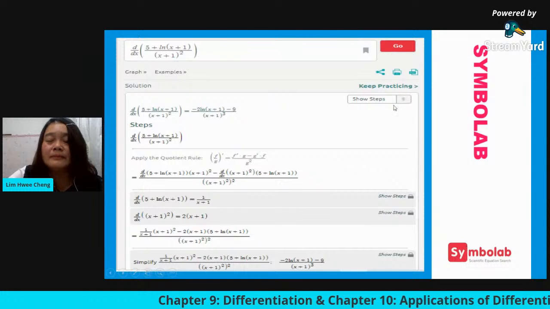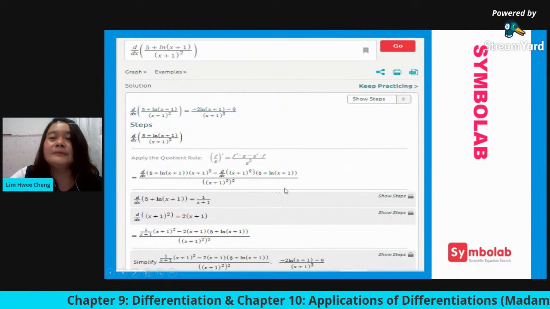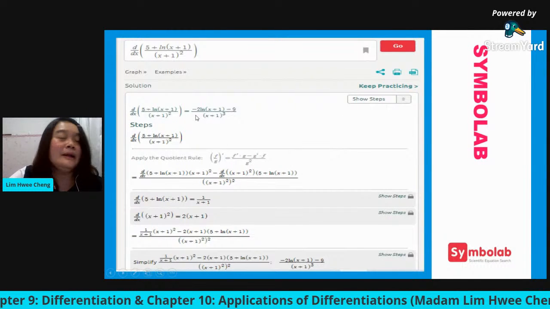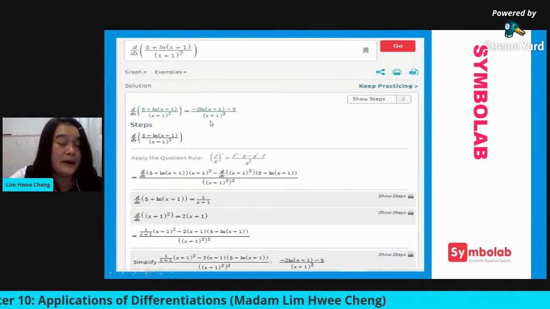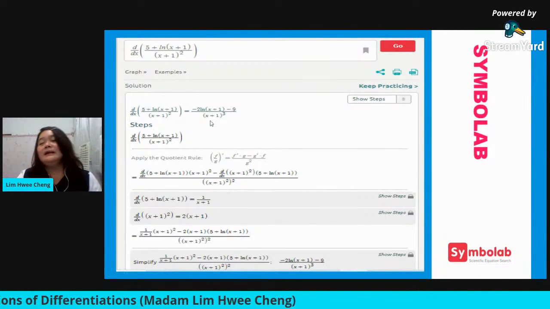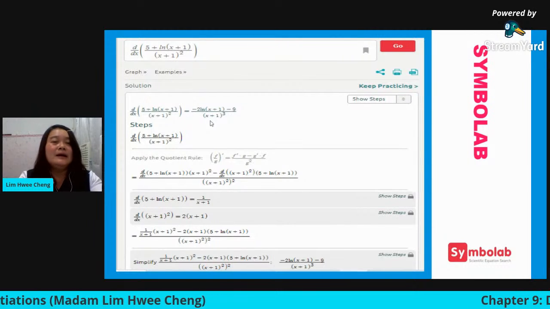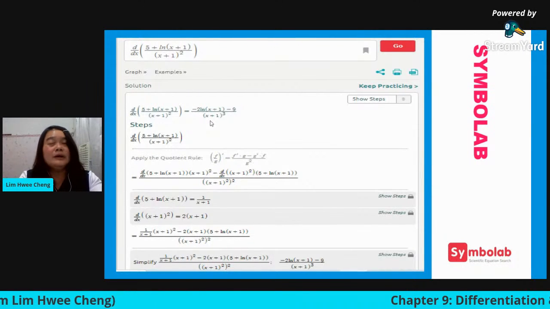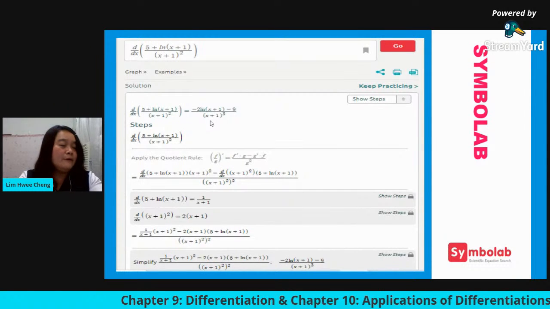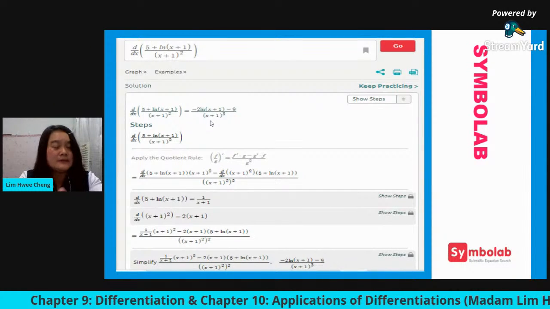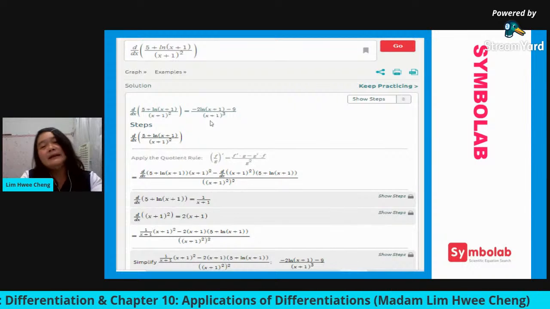So you will get this one, the minus 2 ln x plus 1 minus 9 over x plus 1 cubed. It is the same, it is equivalent. So I hope that you already have the knowledge, the basic skill on how to do the derivative with the symbolic, the first derivative and the second derivative.